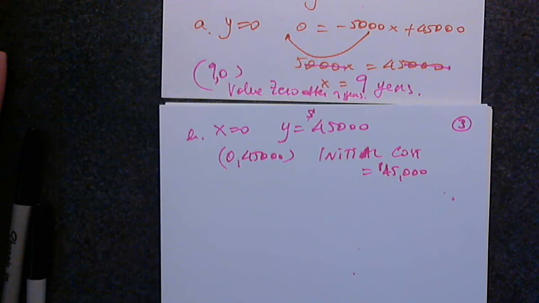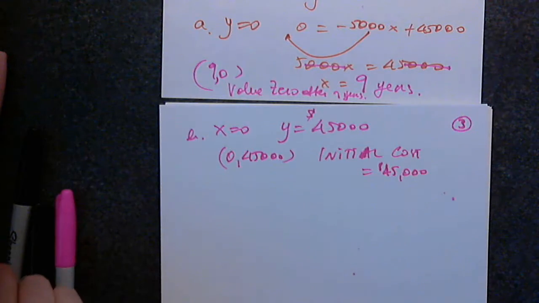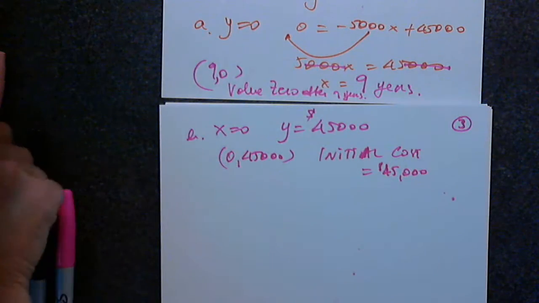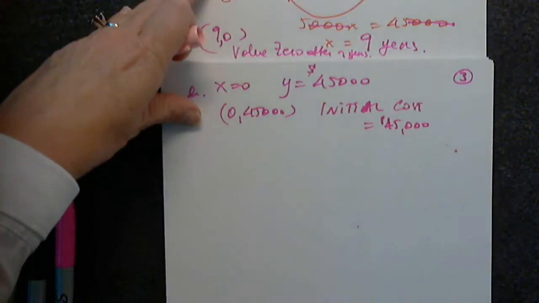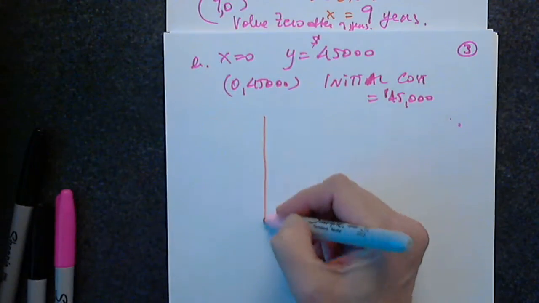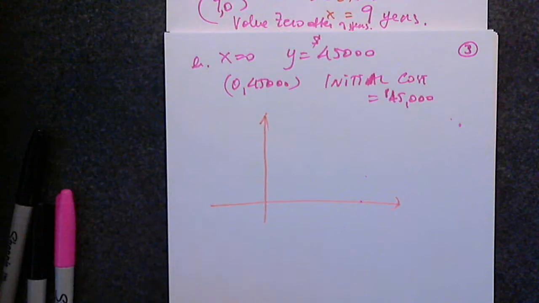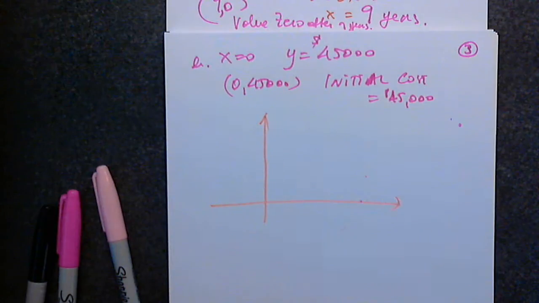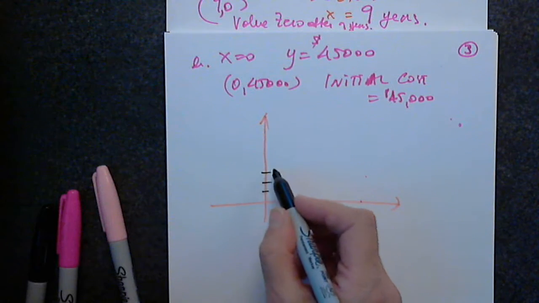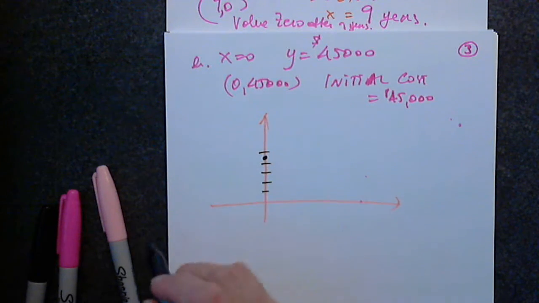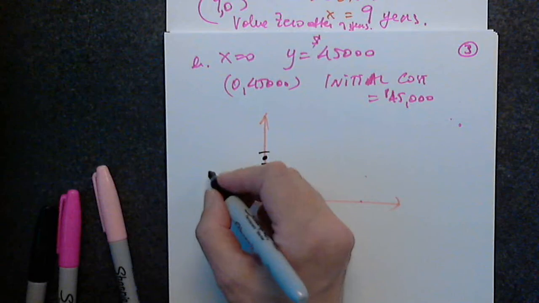Okay, part C. Use the intercepts to graph the equation. So here it is. I have to select the proper unit because I'm not going to have 45,000, right? I'm going to say 10, 20, 30, 40, 50, and this is my 45,000.